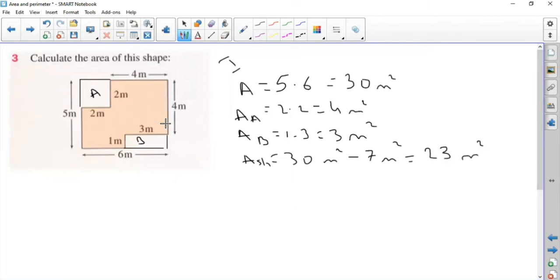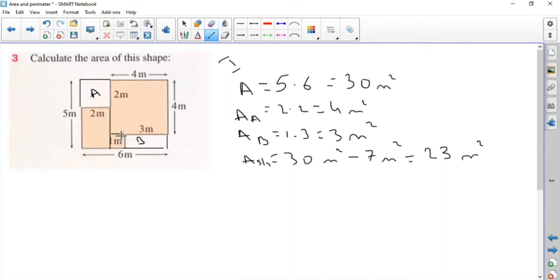Or you can, maybe it will be a bit difficult, you can divide into, I don't know, small pieces, maybe like this, 4 and 4. Always we can use different ways to divide.